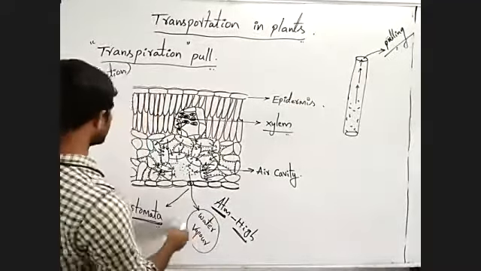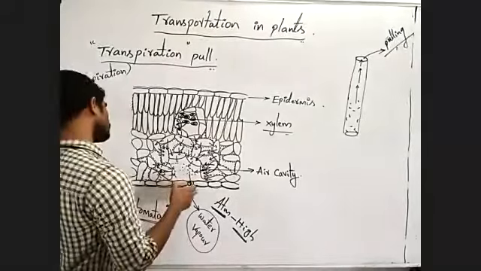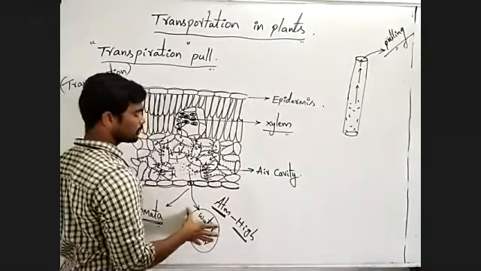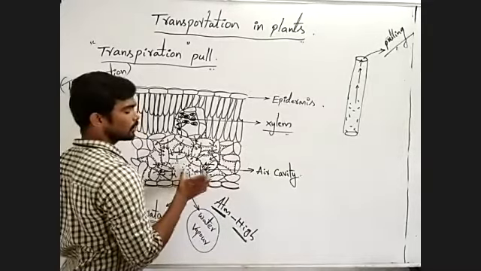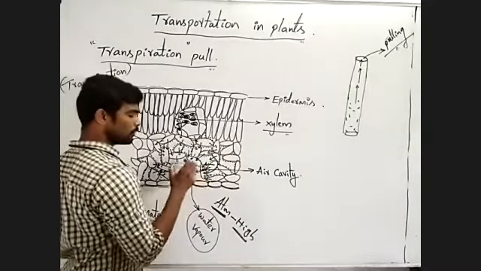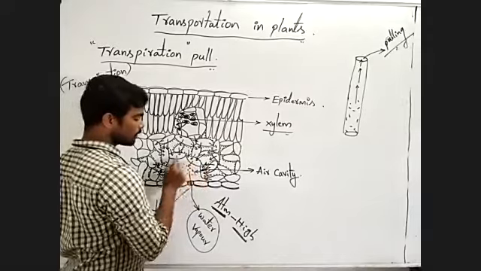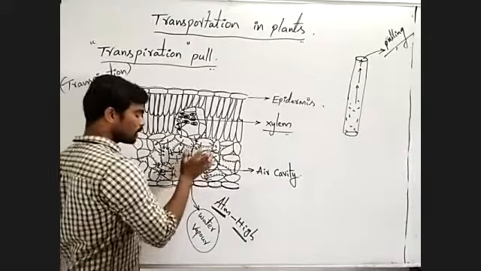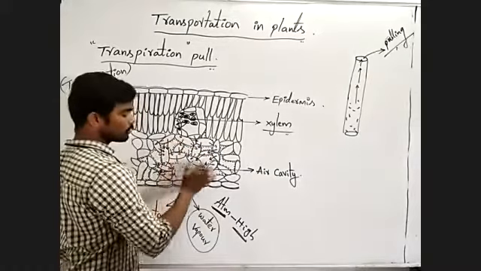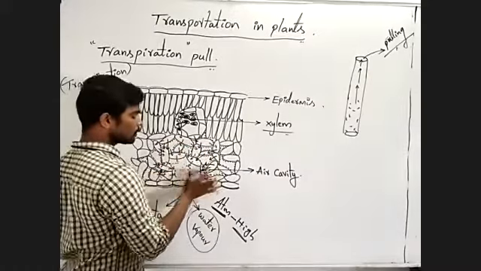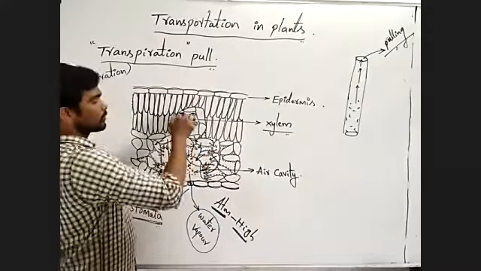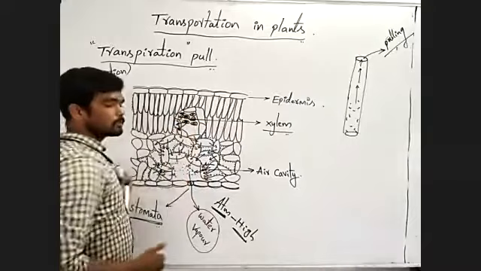Because of the transpiration process, some water is lost from the plant body in the form of water vapor. To fulfill the water in the air cavity, water is transported from the surrounding cells, and from other cells water is again transported.